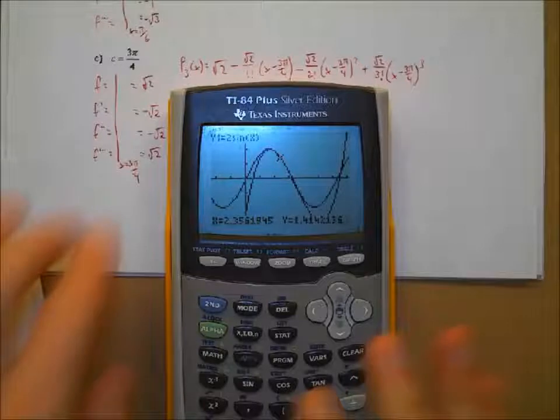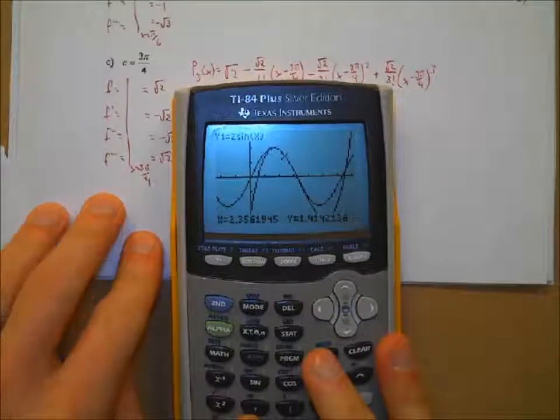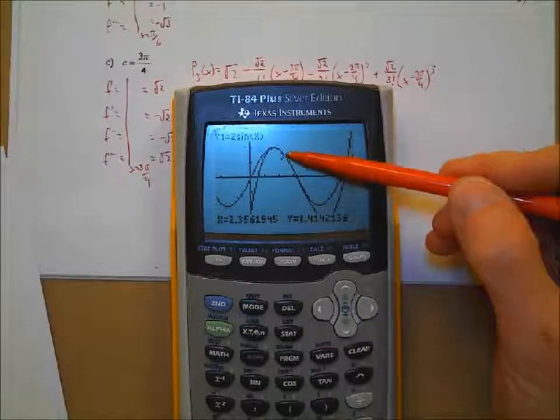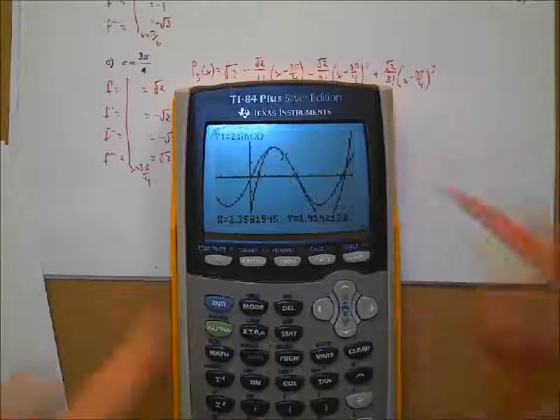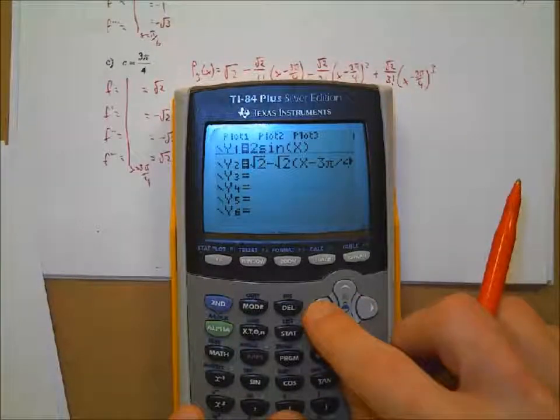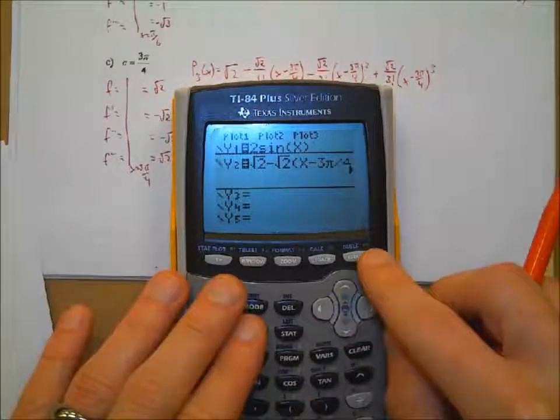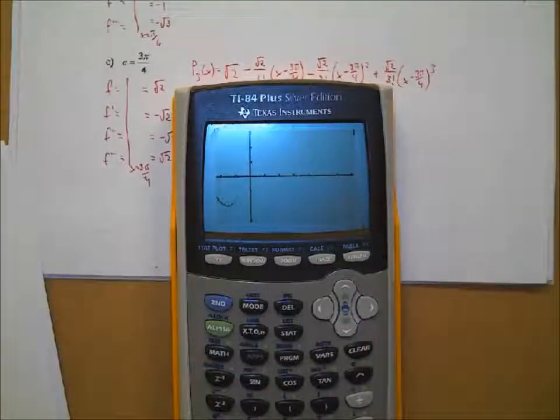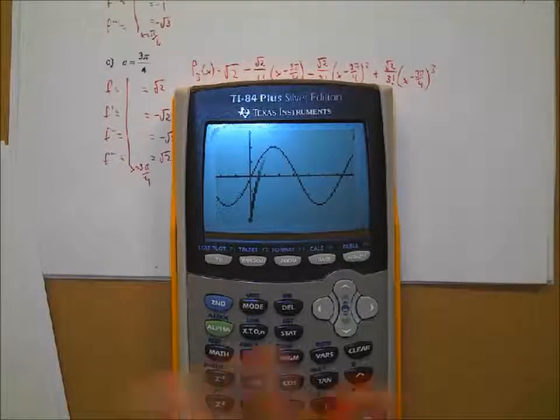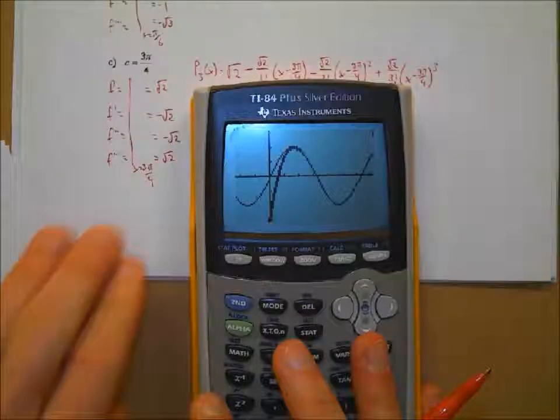You can kind of see it there. But I also then put the graphing calculator there. Okay, that's 3 pi over 4 right there. And again, you can kind of see, maybe if I make the line thicker there, it's centered at that 3 pi over 4. Is f prime prime just negative root 2? F prime prime is negative root 2. Yep.